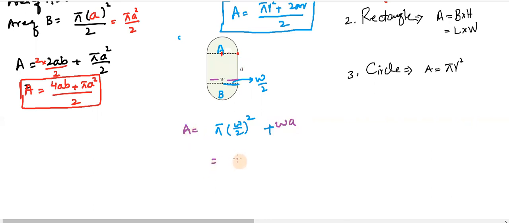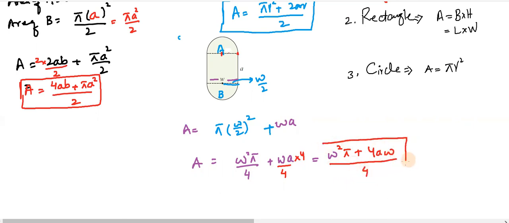We get w squared pi over 4 plus wa, and combining them, you need to make the denominator the same, multiply and divide by 4. We get w squared pi plus 4aw over 4. And that would be our area for this capsule shape.